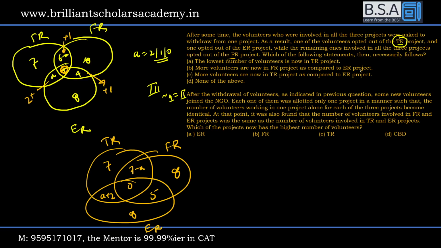अब इसके बाद अब पूछ रहा है which of the following statements then necessarily follows, इनमें से कौन सी बात हमेशा सच होगी। The lowest number of volunteers are now in TR, TR में कितने लोग हैं आप देखो, 7 + 7 14, 14 + 2 16, -2a हट जाएगा, ये -a हट जाएगा, तो TR has 16 volunteers. क्या ये लोवेस्ट है, let us check. 8 + 5 + 7, that is 20 - a.